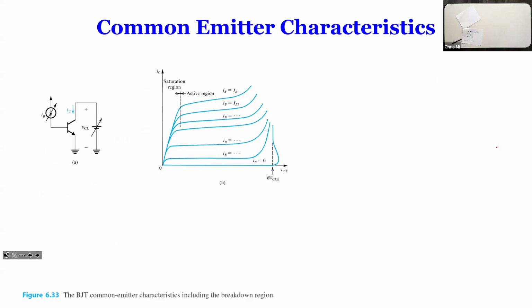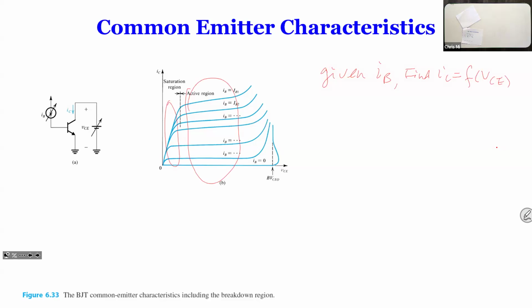So it says that given IB, find IC as a function of VCE. We know this very well because if VCE is too small, it's in saturation. So it's in this region, saturation.